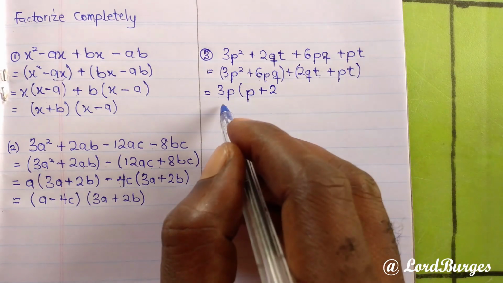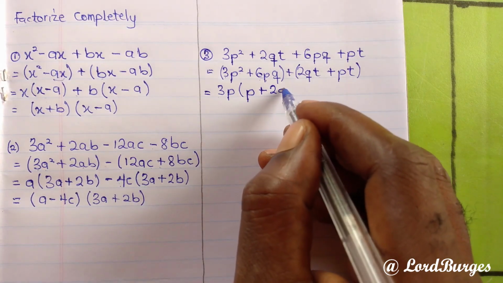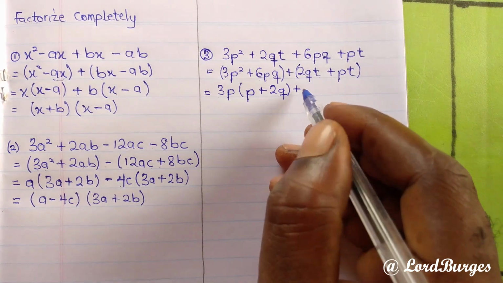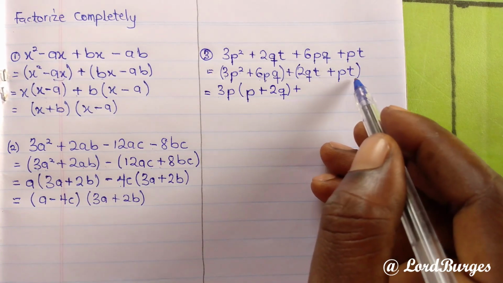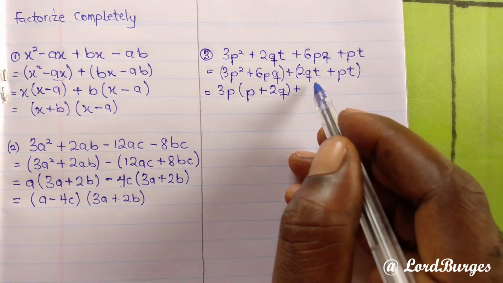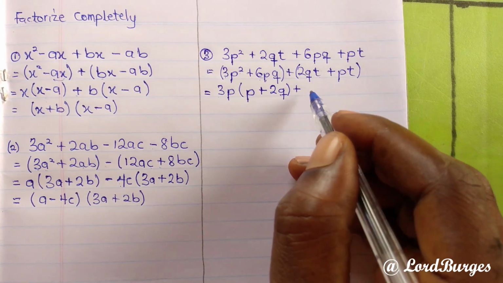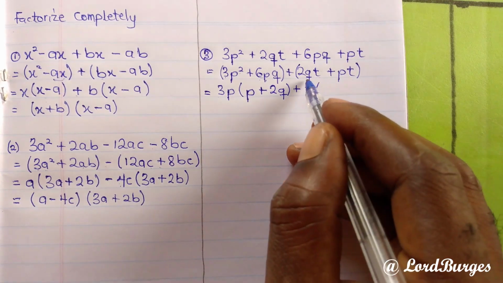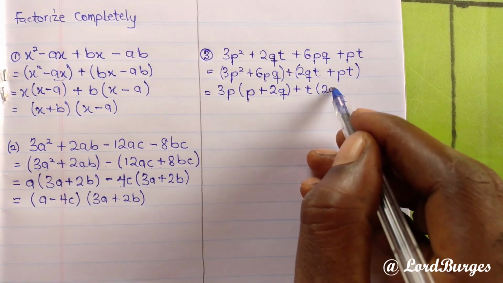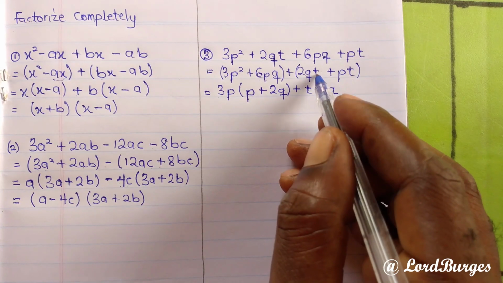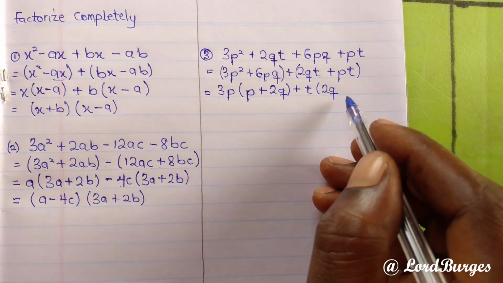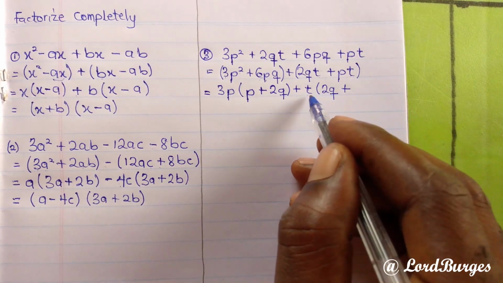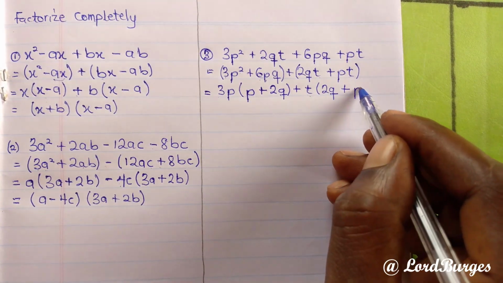The p is out, so I'm left with a q, plus what is common here? You can see it is only the t which is common. Therefore, I have my 2q left here because the t is gone, plus the t here is also outside. That is the p.